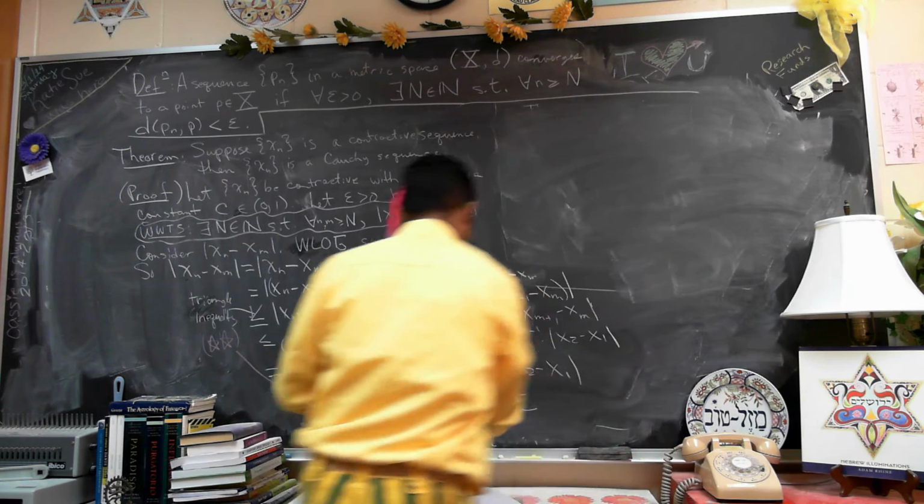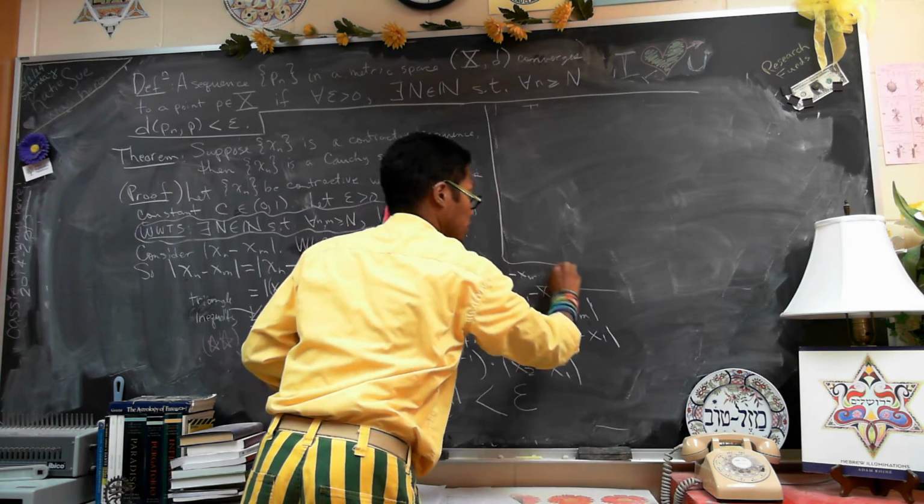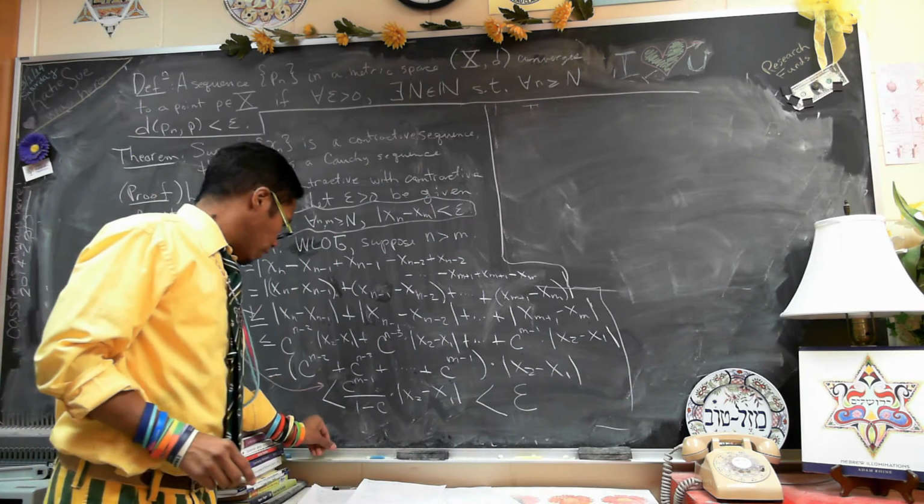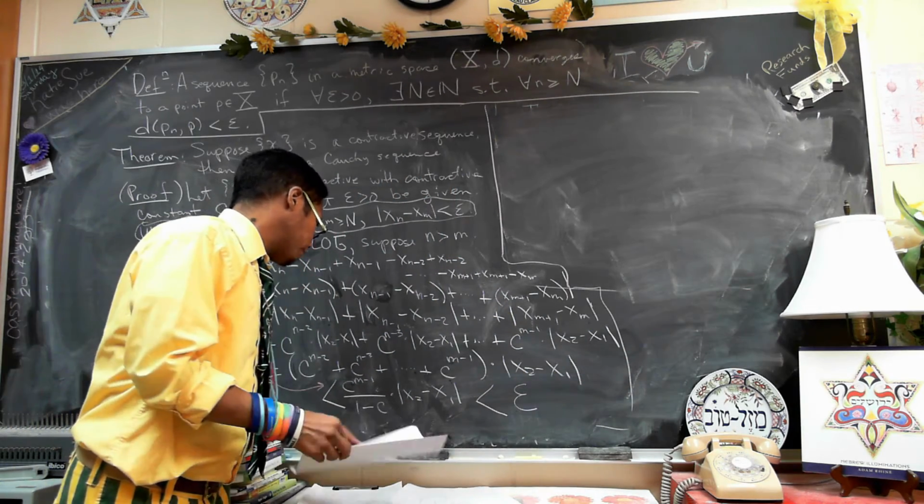So the rest of this proof is kind of trivial matters from Calculus 2. We just remember some facts about geometric series.